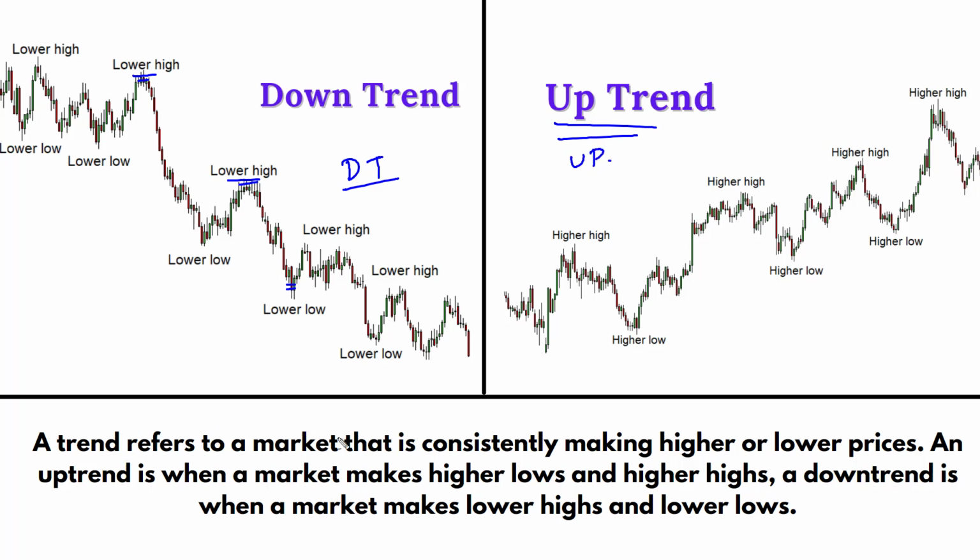The trend refers to the market that is consistently making higher or lower prices. An uptrend is when the market makes higher lows and higher highs, and when it forms lower lows and lower highs, that is said to be a downtrend.